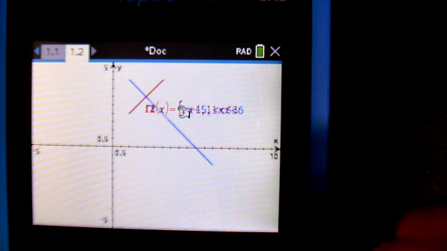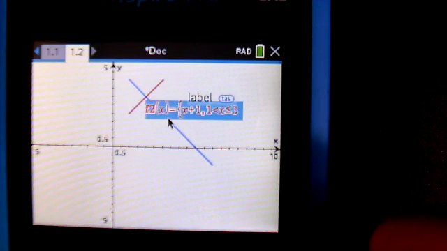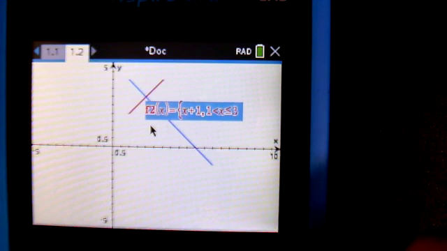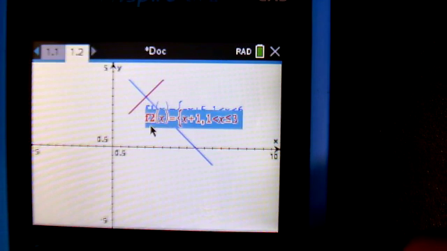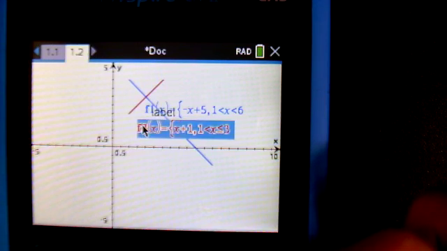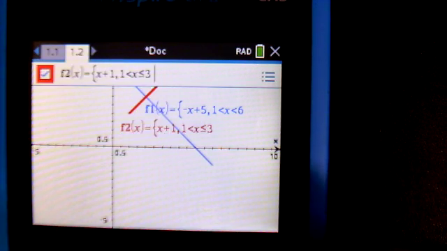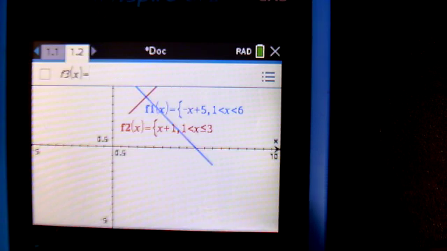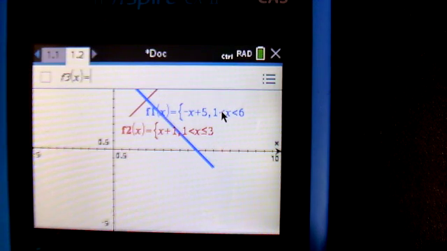Of course, it would be nice if I could just have those labels not on top of one another. So I can just move those around. Move the other label too if I want to. It's going to let me, maybe.